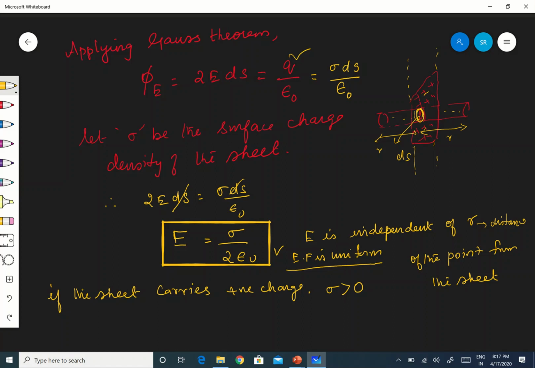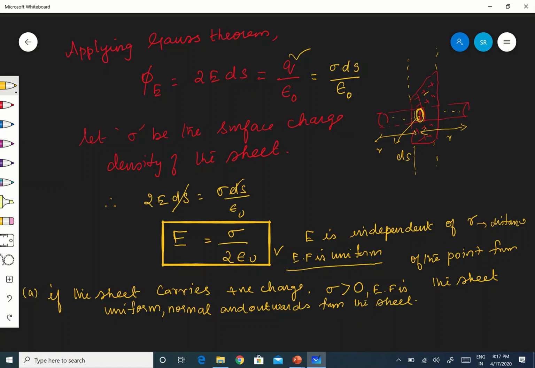Therefore, when sigma is larger than 0, the electric field is uniform, and in which direction? Normal and outwards from the sheet, correct?